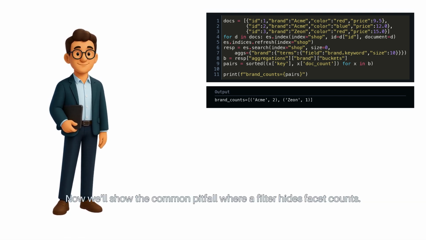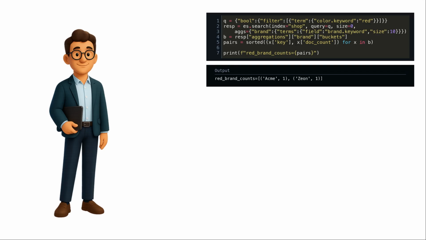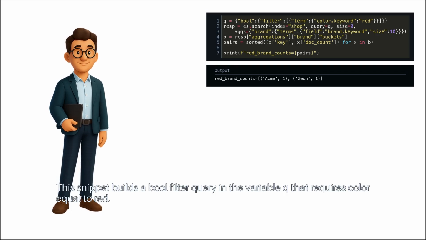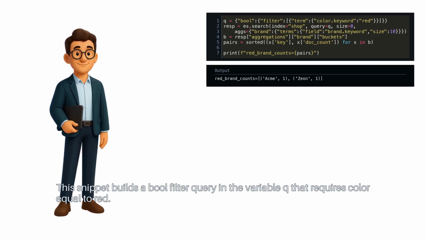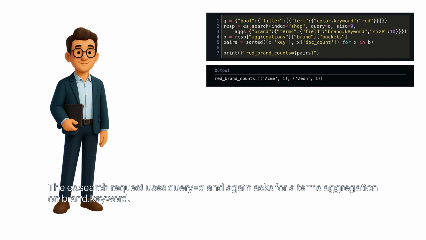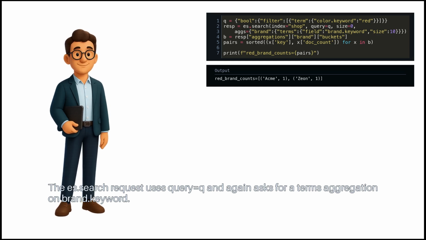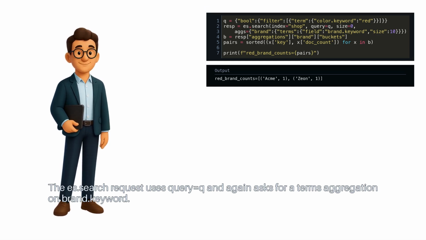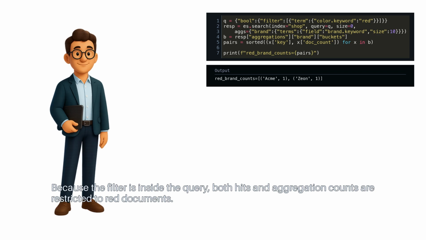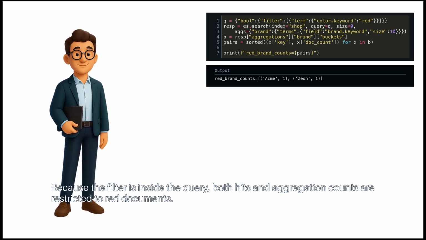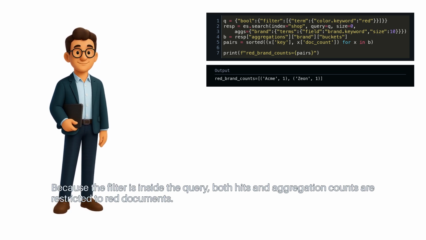Now we'll show the common pitfall where a filter hides facet counts. This snippet builds a bool filter query in the variable q that requires color equal to red. The es.search request uses query q and again asks for a terms aggregation on brand.keyword. Because the filter is inside the query, both hits and aggregation counts are restricted to red documents.